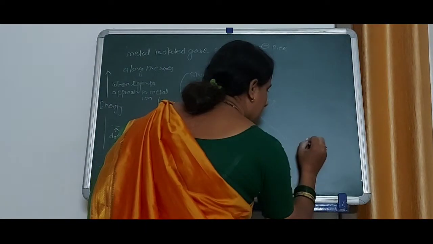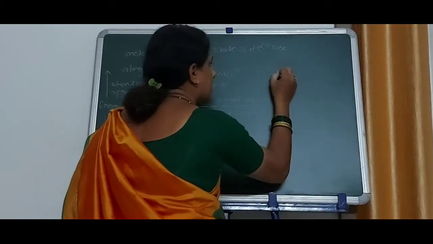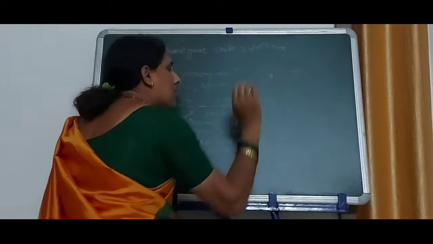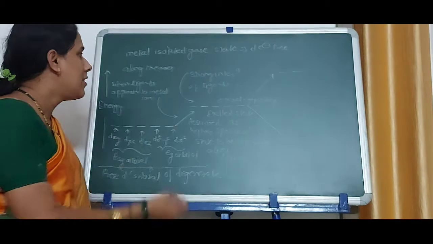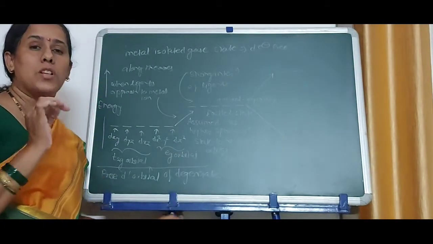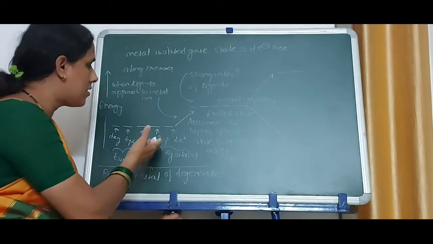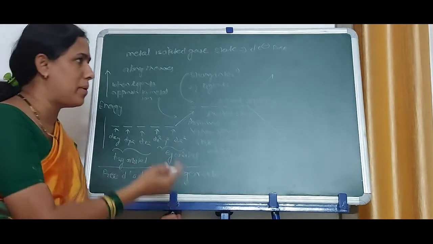That is, this is the set and this is the set, and these two orbitals are of which category? That is, the orbitals which lie along the axis. Already we have seen that those along the axis are eg orbitals.